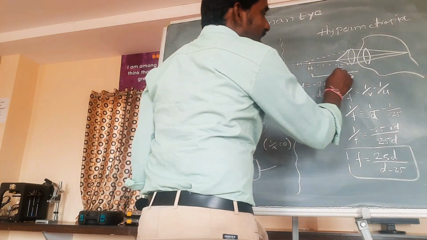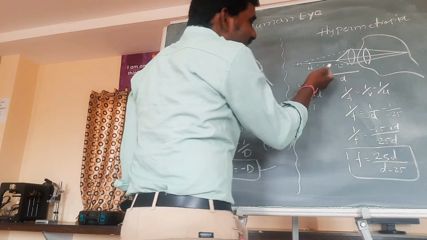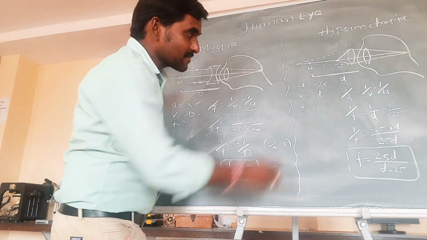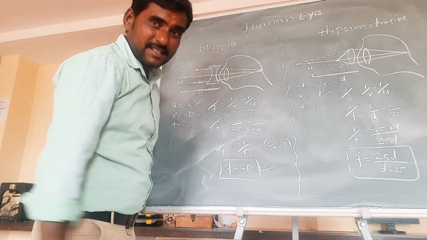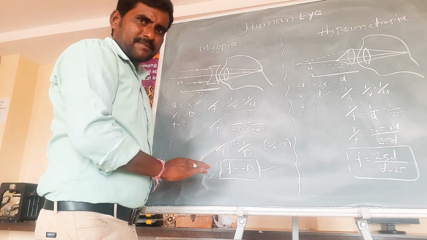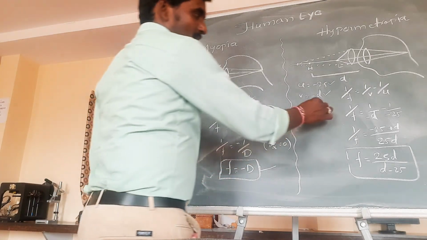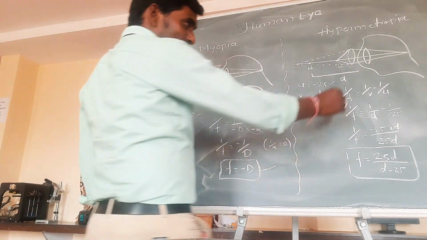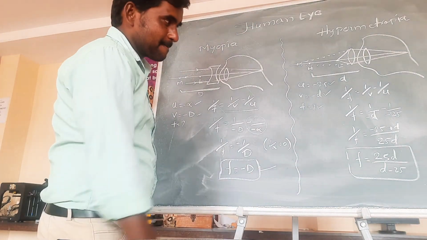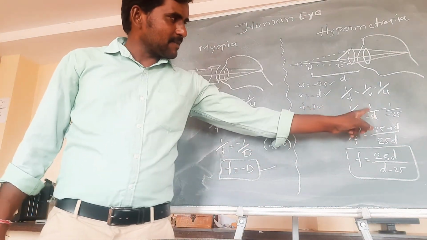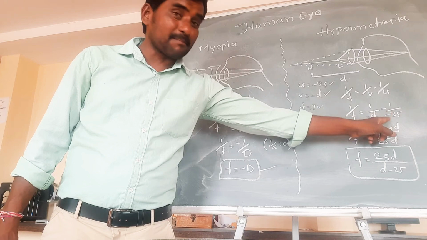So up to H I am taking the distance D, the image distance as D, the object distance minus 25, and the image distance minus D, because it can form after D. Focal length is F. 1 by F equals 1 by V minus 1 by U is the lens formula. Just 1 by F equals 1 by minus D minus 1 by minus 25.